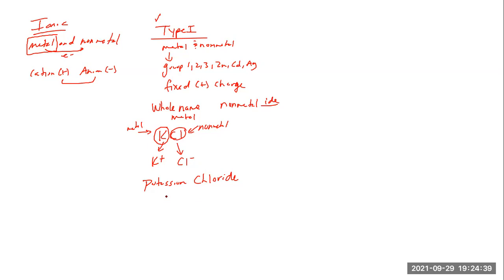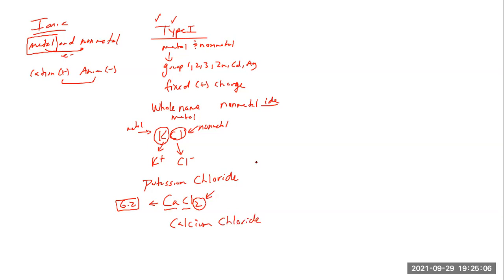Remember as well that if we look at this, which is a metal and a non-metal, we see that this guy is group 2 on the periodic table, telling us it is type 1. This would be calcium. And as we talked about last time, remember that although there are 2 of these here to balance out the charge, it has no effect on the name, and this would just be calcium chloride.